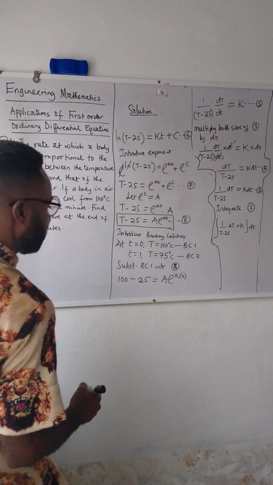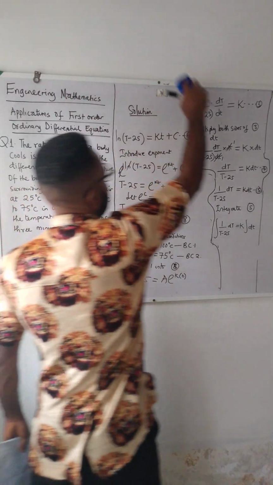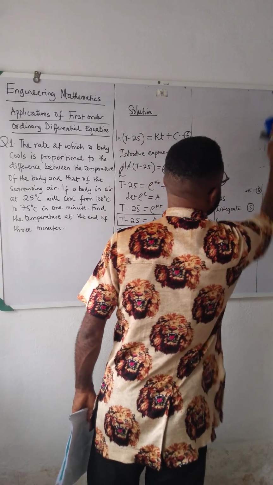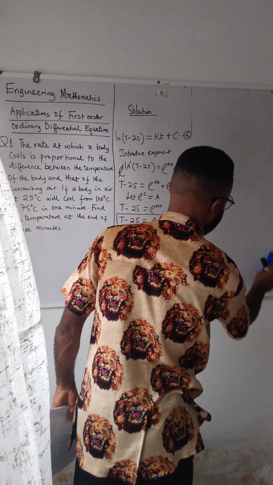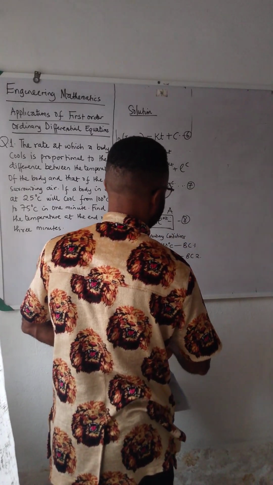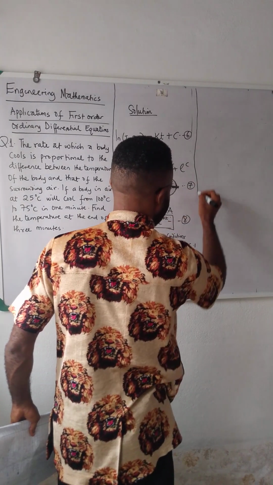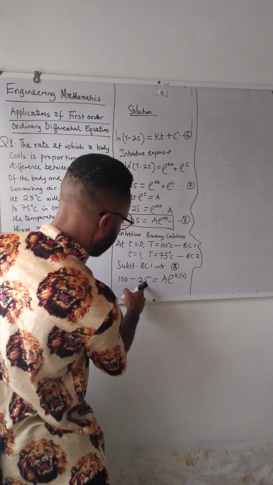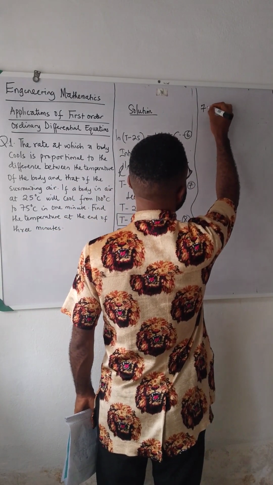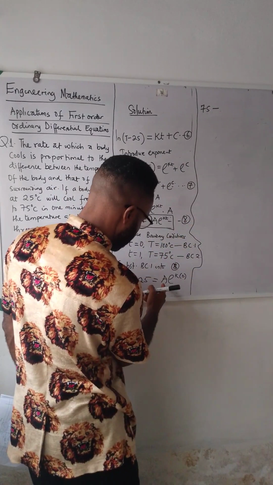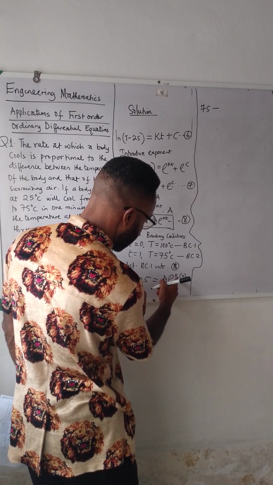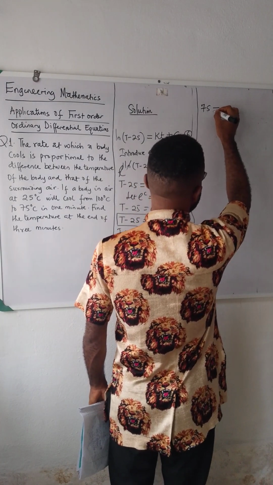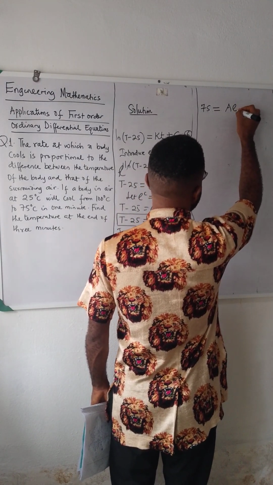So 100 minus 25 will give us 75, equal to A exponent K times 0, which gives A exponent 0.